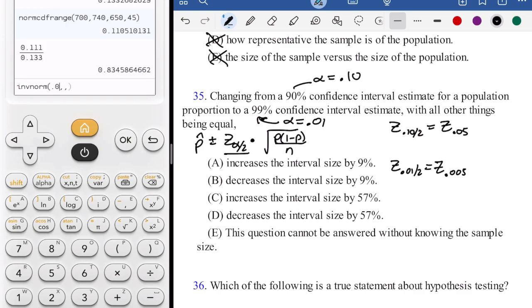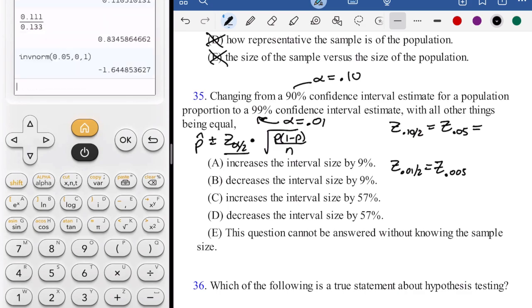I put in 0.05 with the 0 and 1 as my mean and standard deviation parameters. So that's going to give me, and there is the plus or minus component here, so give or take 1.645. And then I can update this, put in an extra 0, 2.576.